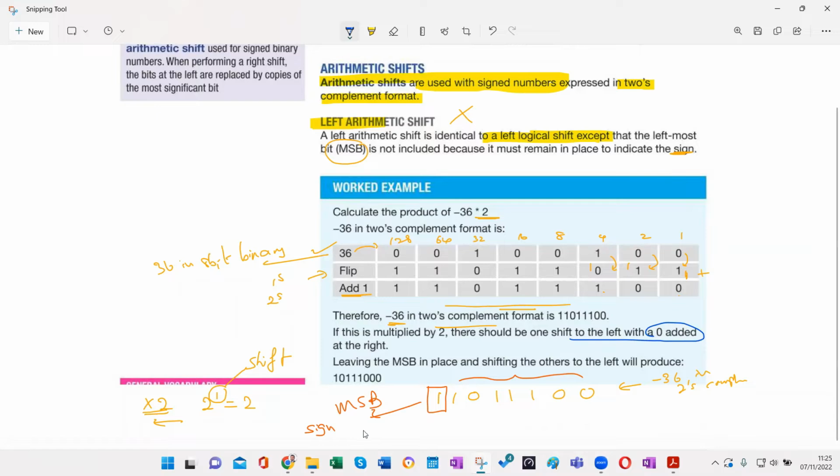It disappears. So this one will be gone, and this 0 will come to this place. Remember, this 1 will be discarded because I can't move it to the most significant bit, because it's intact. So this goes out. Is that clear?